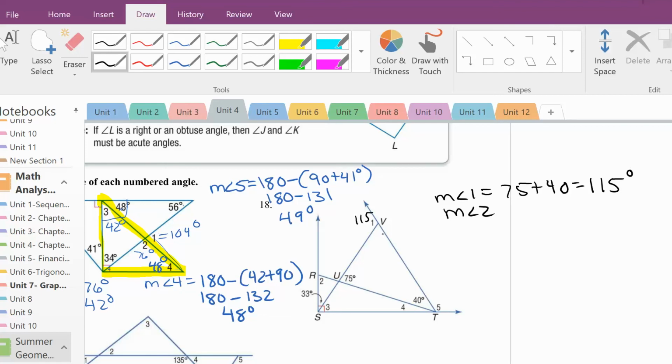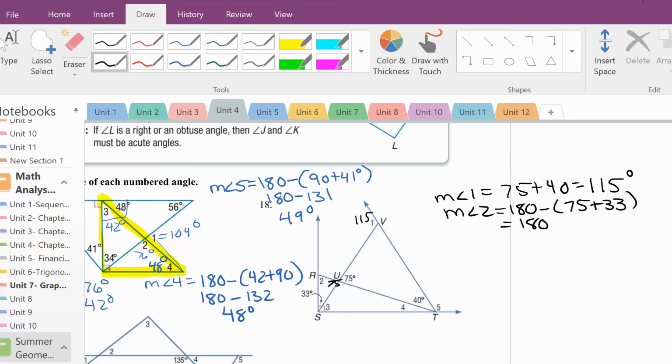Measure of angle 2, if you notice for angle 2, here, 75 is a vertical angle here. And then you have a right angle, so this part is 33. So in this small triangle, angle 2 is 180 minus 75 plus 33.